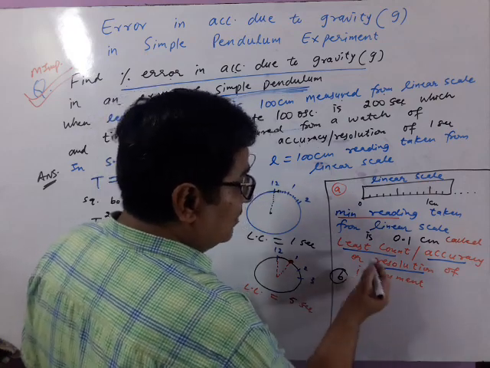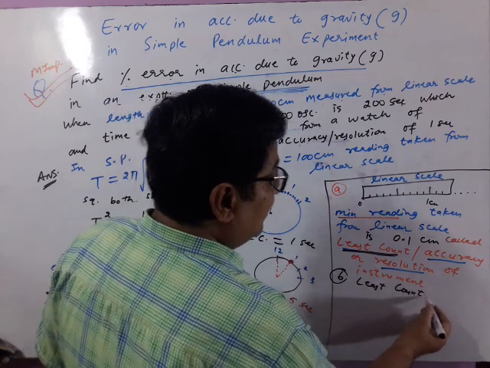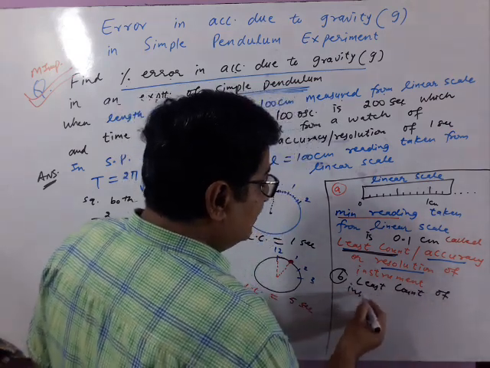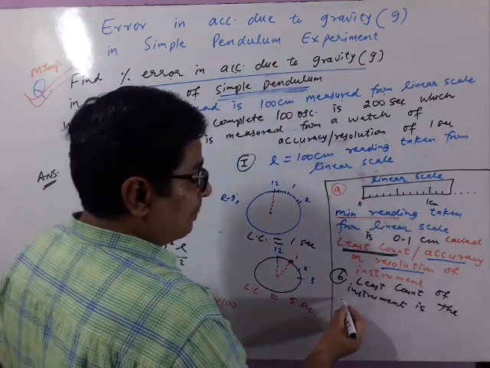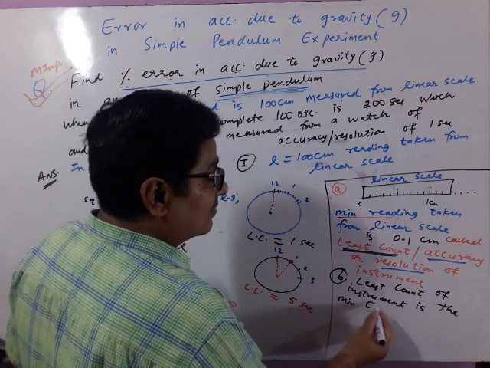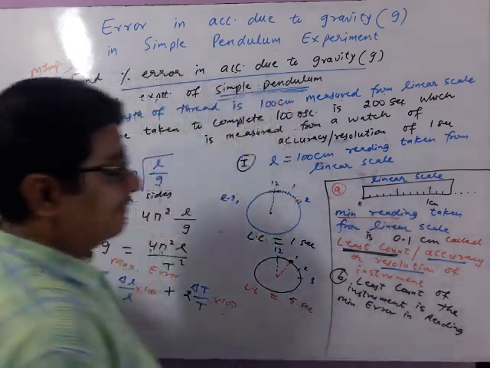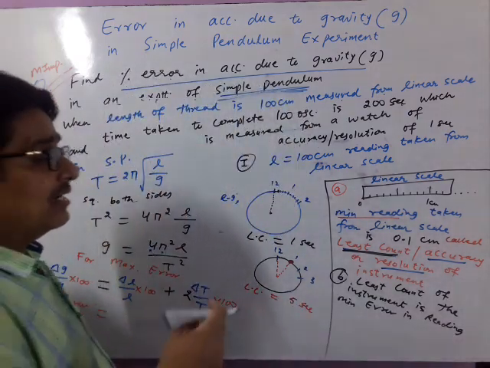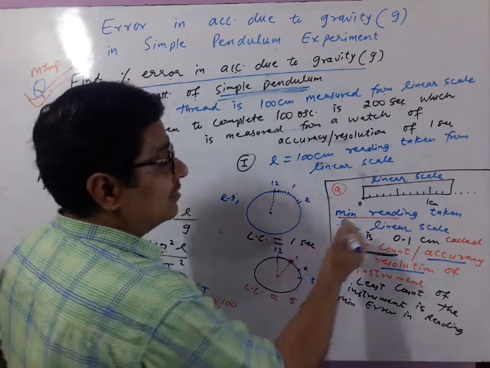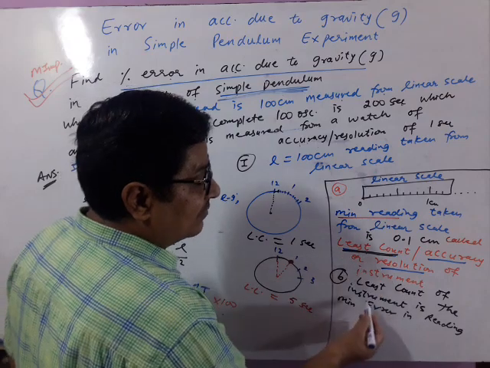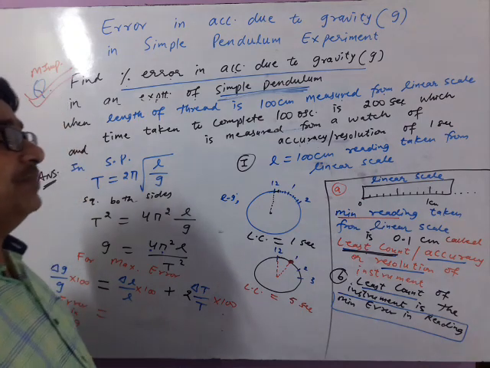This least count, I am calling it least count of instrument is the minimum error in the reading, in the observation, in the measurement. See, you are taking reading 100% precisely. Still, least count of the instrument called minimum error in the reading. This is point number B.